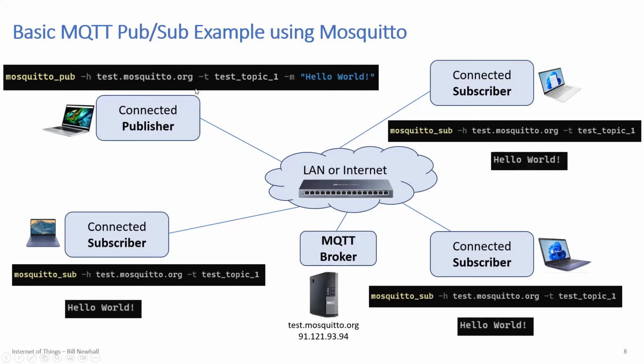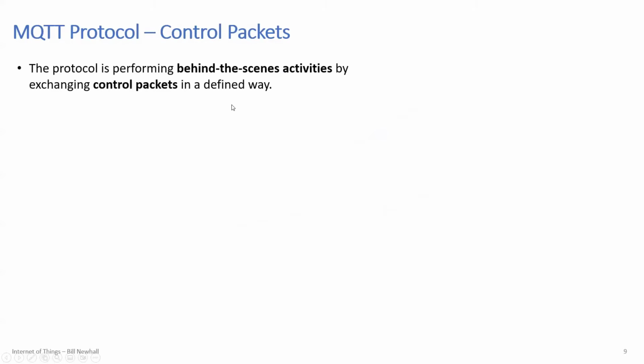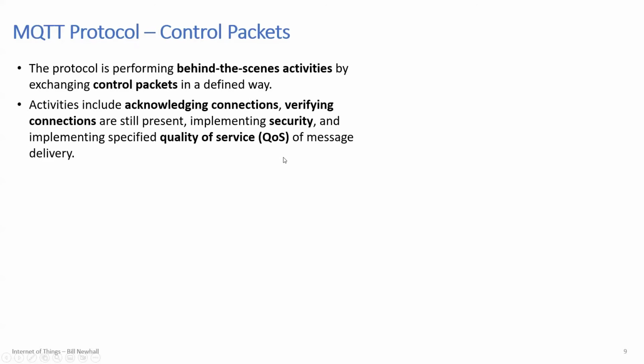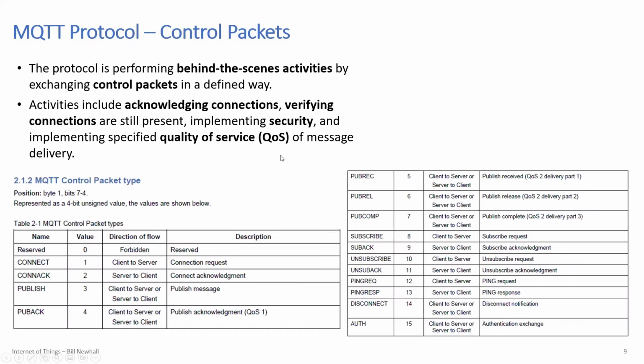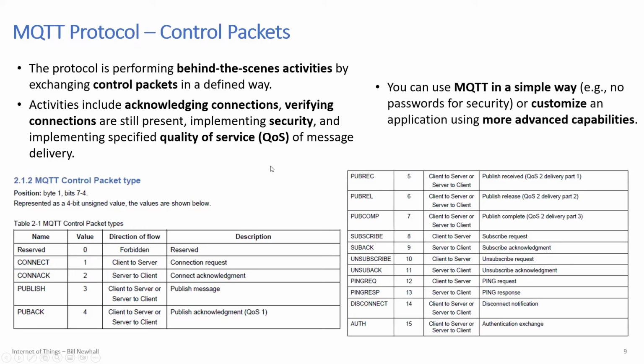So I wanted to continue talking about this, how to send these messages between PCs and laptops, but also point out that this can happen between non-PC devices like microcontrollers and other devices. And then I talked about these control packets. So what goes on behind the scenes of that, what's happening in the command line, these packets are sent between the clients and the broker and the server.